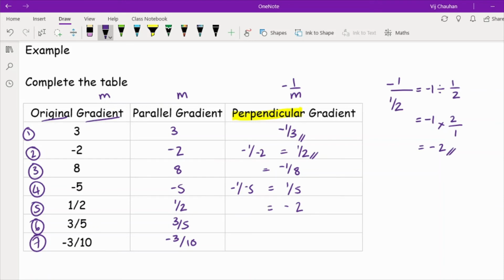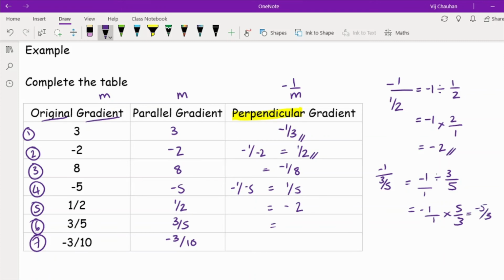A general rule of thumb is that when you have a fractional gradient and you want to work out the perpendicular gradient, just flip the fraction and change the sign. Here we've got a gradient of 3/5. If I do the negative reciprocal of that, it becomes -1 divided by 3 over 5. I could write that as -1 over 1 times 5 over 3, which becomes -5 over 3.